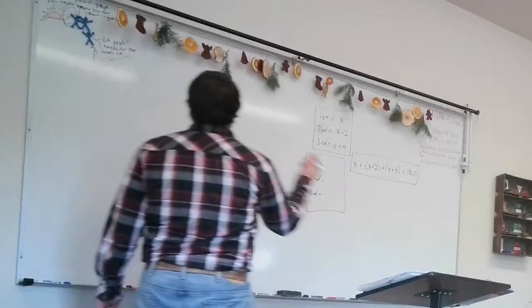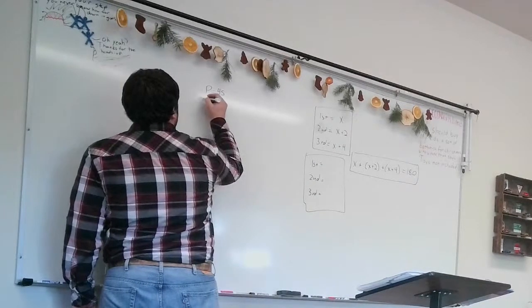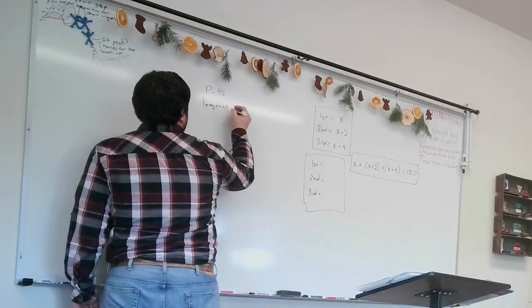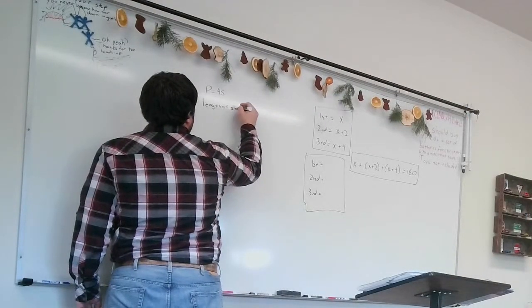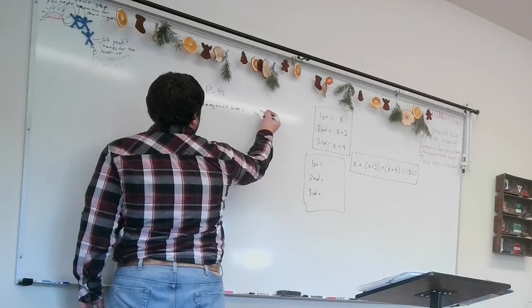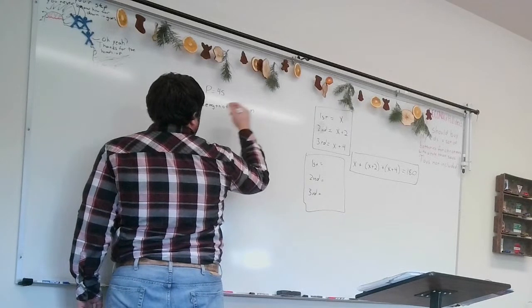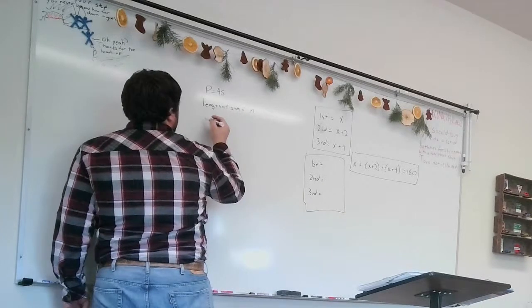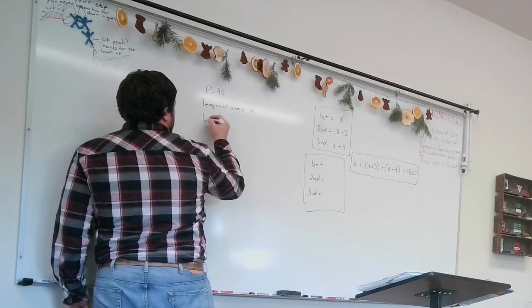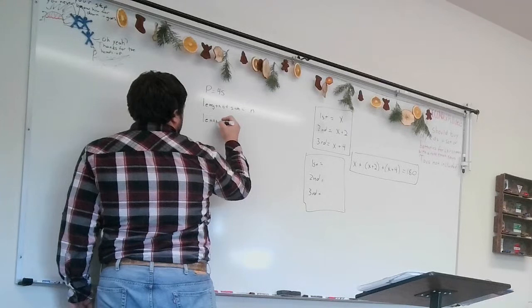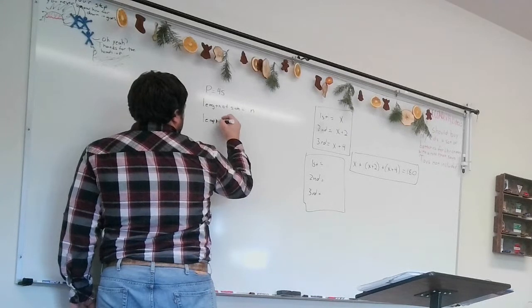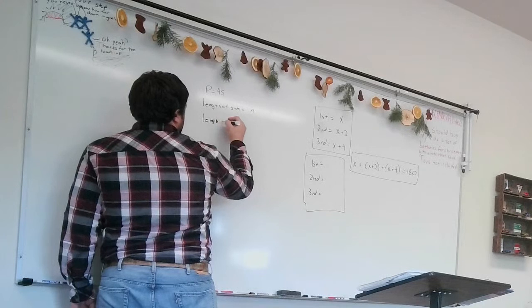So the original length of the side is what? We'll call this N, or S, it doesn't matter. And the length of the side after we add to it is what? N minus 2 or N plus 2?